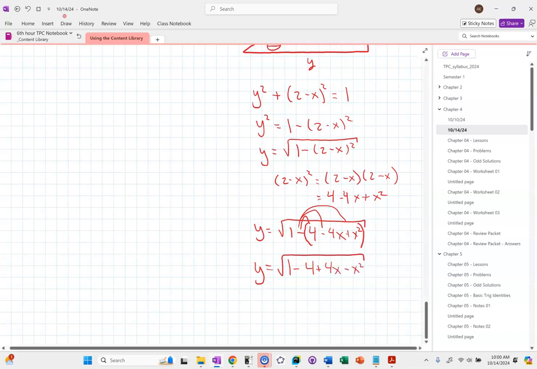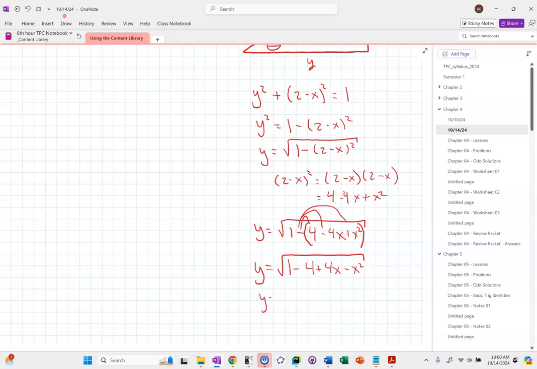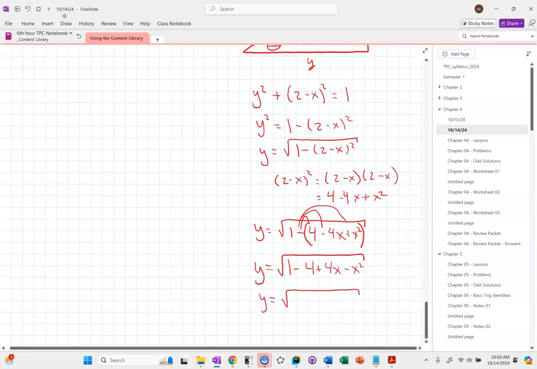But I'm showing you all the good tricks now, so hopefully when it comes later that you'll catch them. And I can combine 1 minus 4, right? So that's what I need.